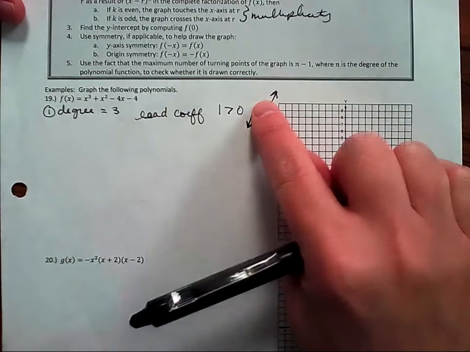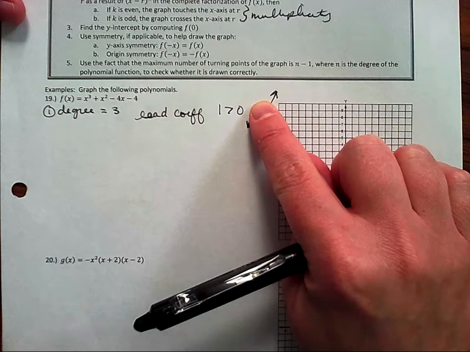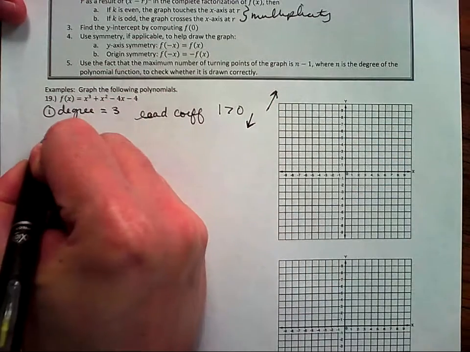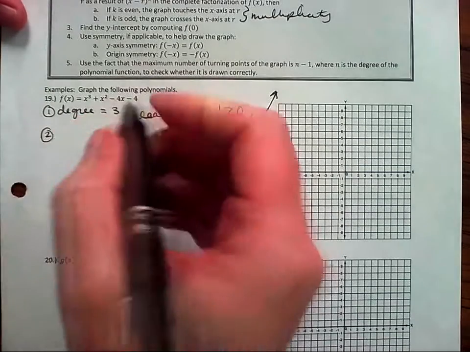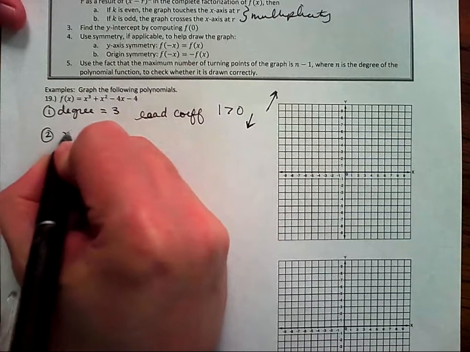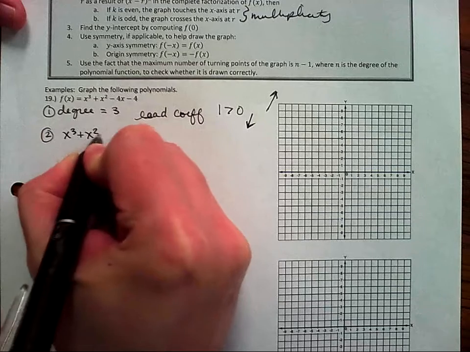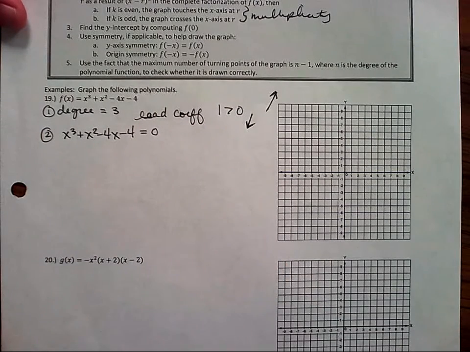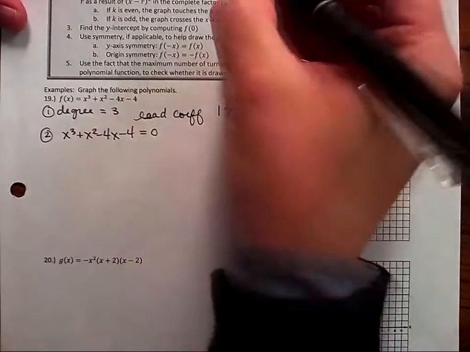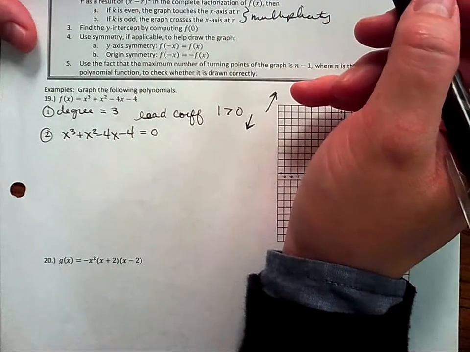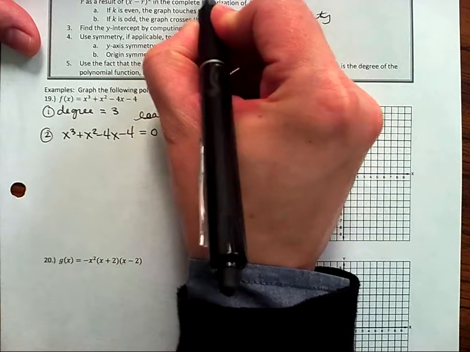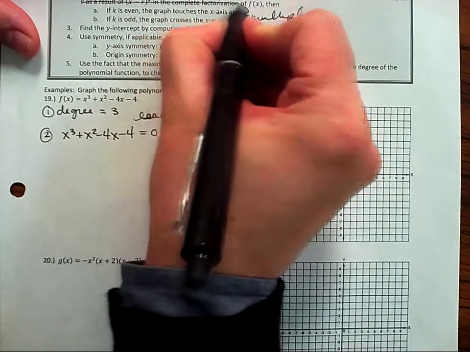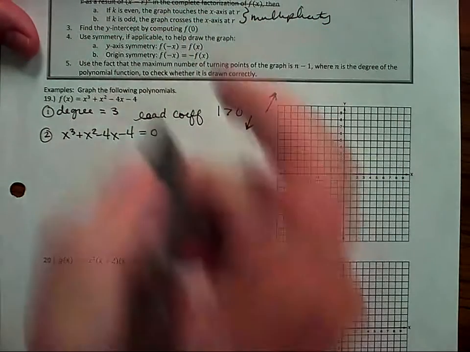I don't know what happens in the middle yet, but I know my ends look something like that, right? 2, I need to find the x-intercepts, so find the roots. So I set it equal to 0.